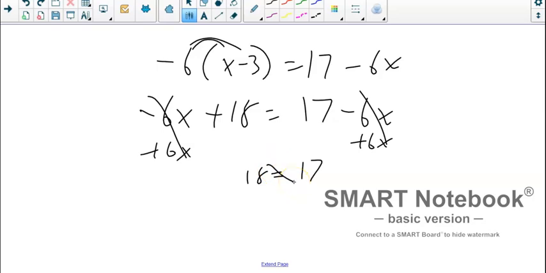And if you end up with a lie, a non-truth, that means there is no solution. There is no number in the universe I could plug in for x here and get a true statement. Because as you can see, 18 does not equal 17. Okay? So if you ever end up with a false statement, it is no solution.